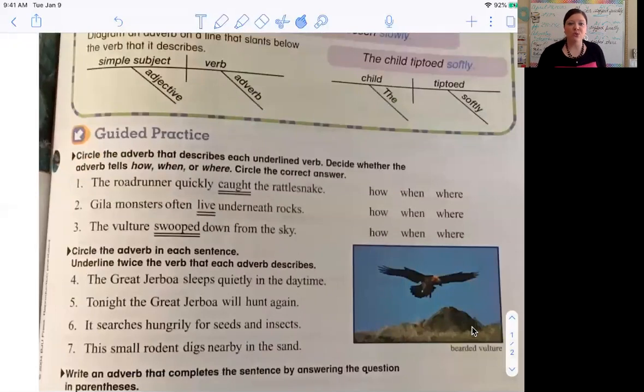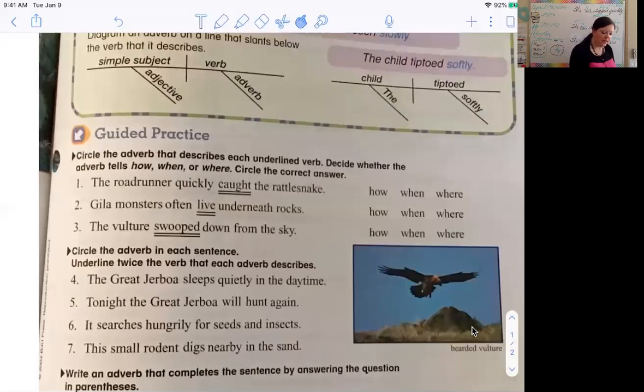The road runner quickly caught the rattlesnake. Notice they've already identified our verb for us. They were so nice. So now let's just go ahead and ask those 3 questions that we see to the side. Well, how did the road runner catch the rattlesnake? Well, he caught it quickly.